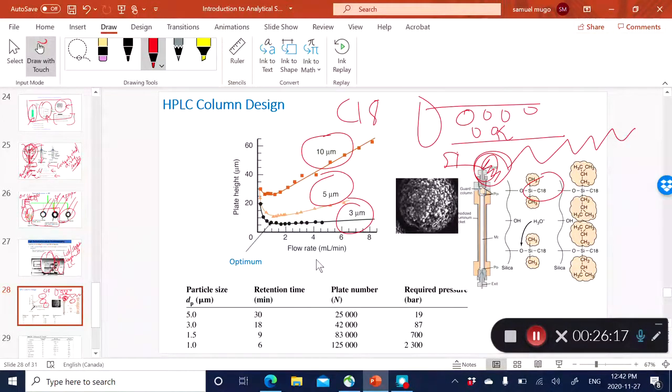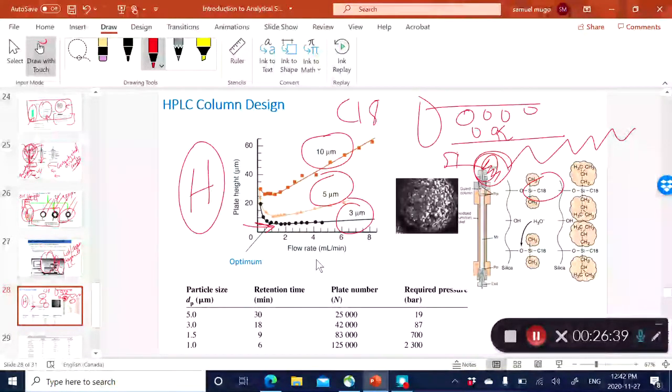And ideally, the lower the H, the better. So you want a very, very small H, height equivalent to a theoretical plate, which essentially refers to the amount of time the analyte percolates between the mobile phase and the stationary phase and back.